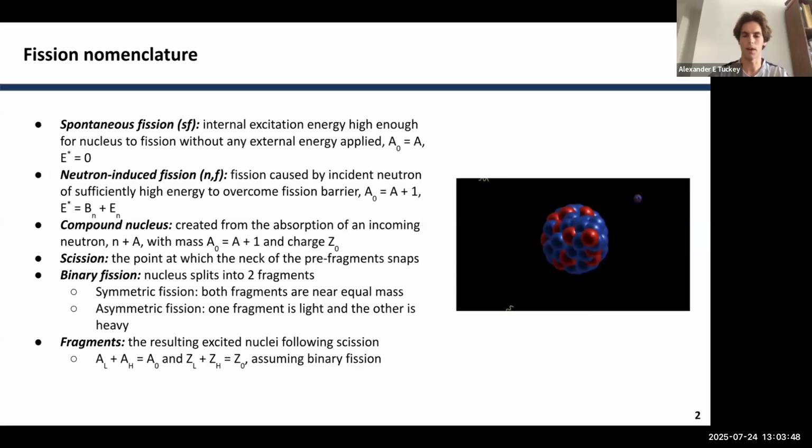So these fragments that I've just mentioned are highly excited after scission, and by conservation of mass and charge, the masses and charges of the light and heavy fragments have to sum to the mass and charge of the compound nucleus, respectively.